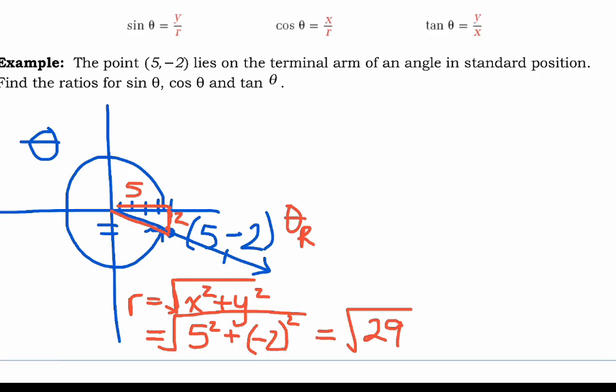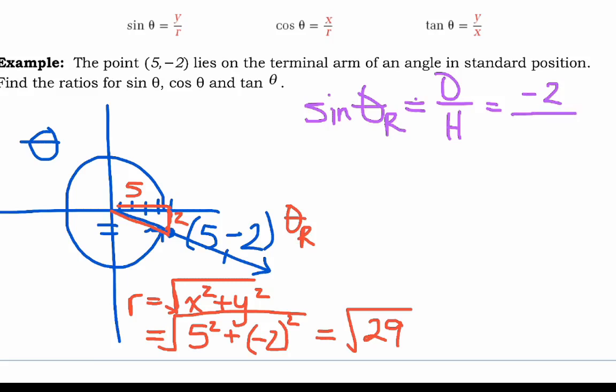All right, and now we can move on to finding the 3 trig ratios. So sine of the reference angle is equal to the opposite side divided by the hypotenuse. Well, the opposite side is negative 2, and the hypotenuse is root 29.